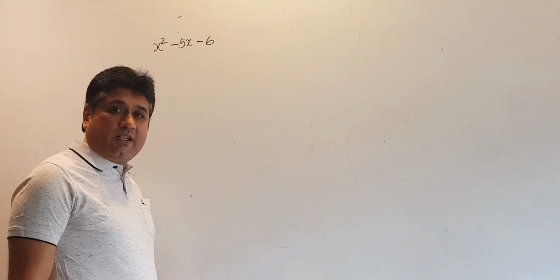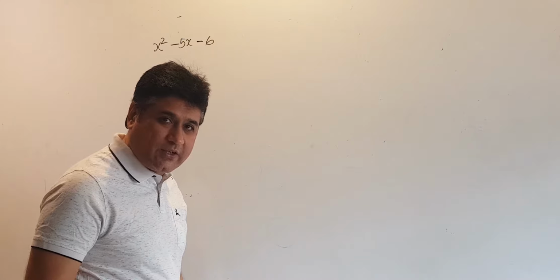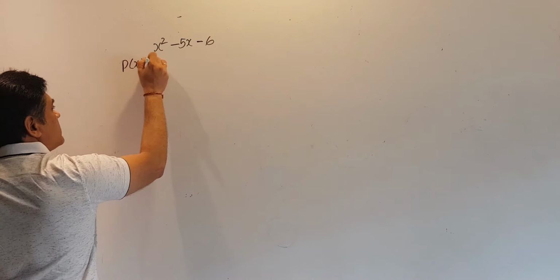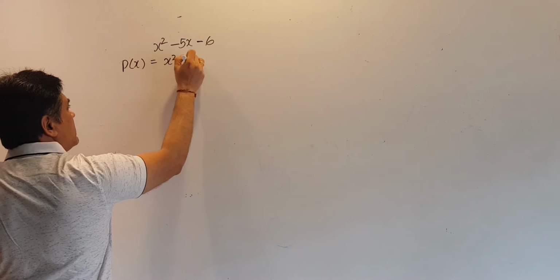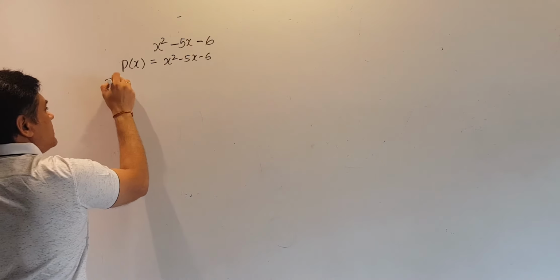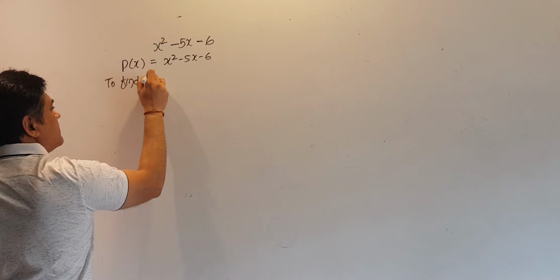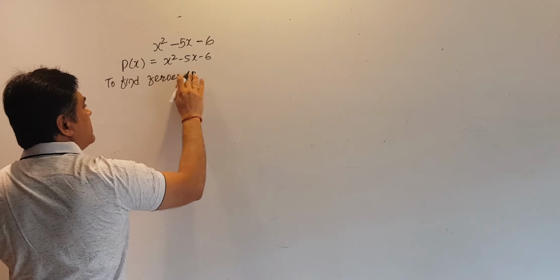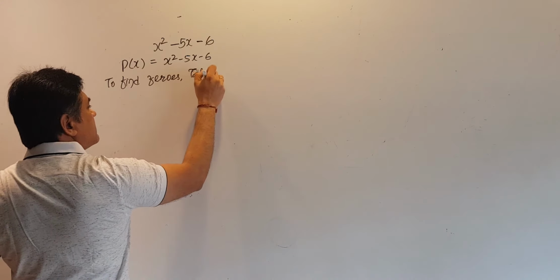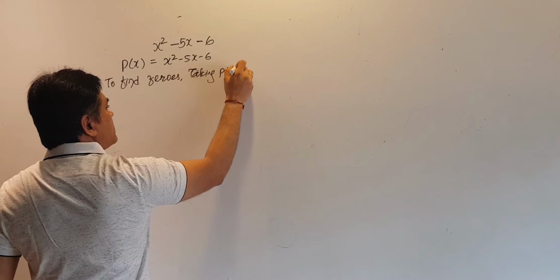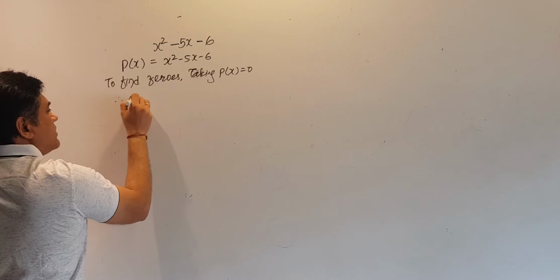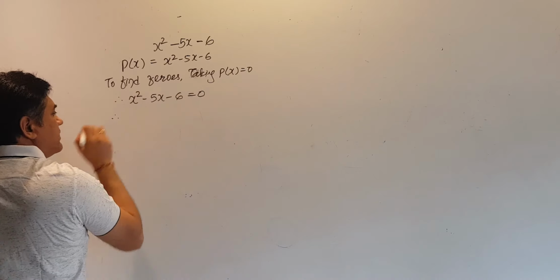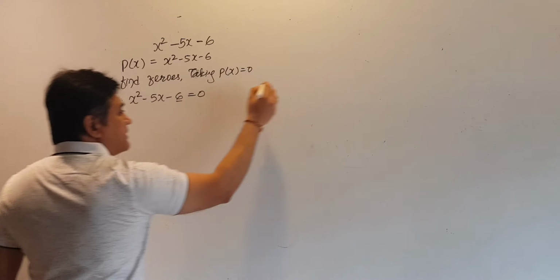Okay friends, so have you got the success? Let's check what you have done. First, it's based on x, so I will write p of x equals to x square minus 5x minus 6. To find zeros, what we will do, taking p of x equals to 0. So x square minus 5x minus 6 equals to 0. Now minus 6 into 1.